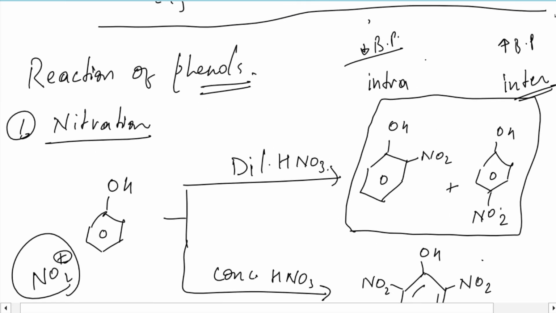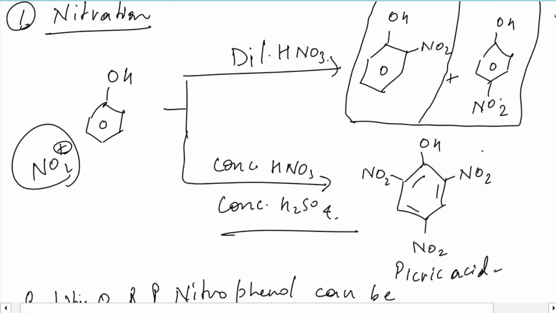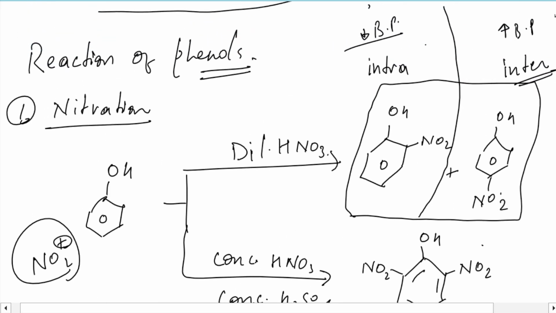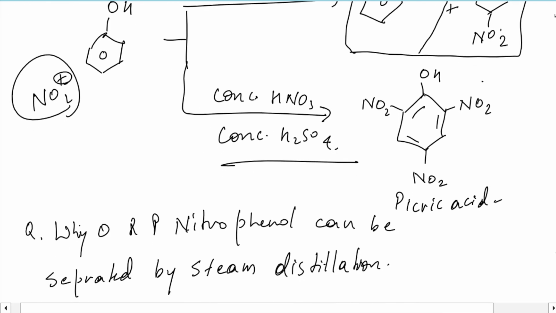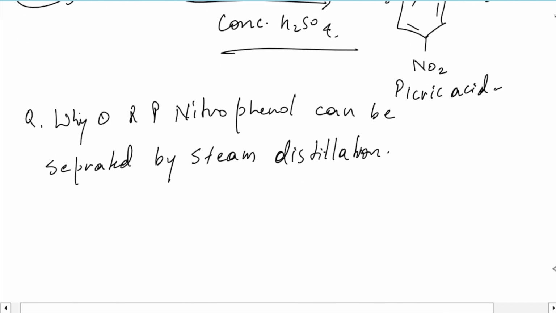So they are having different boiling points, so it's easier to separate them with the help of steam distillation.